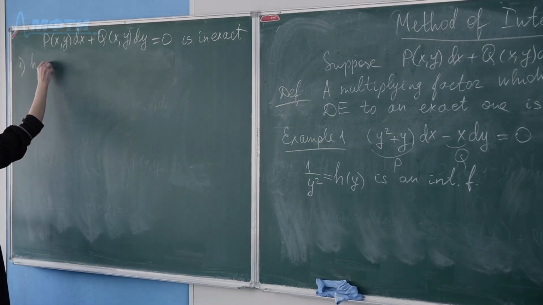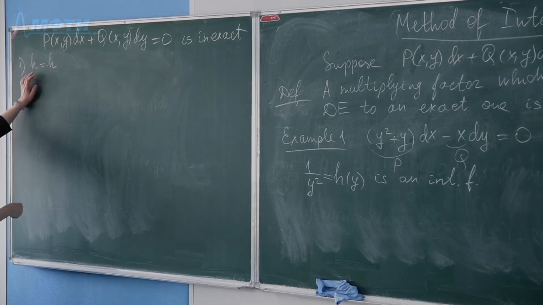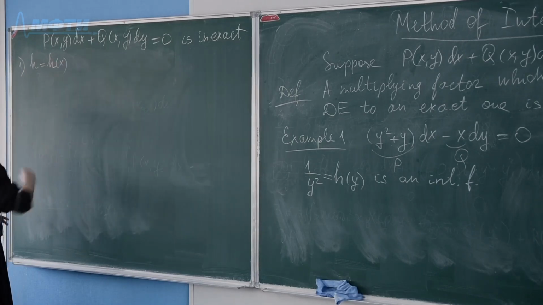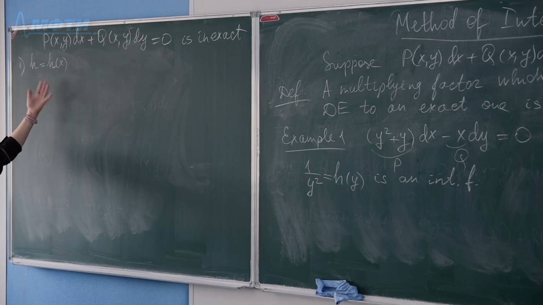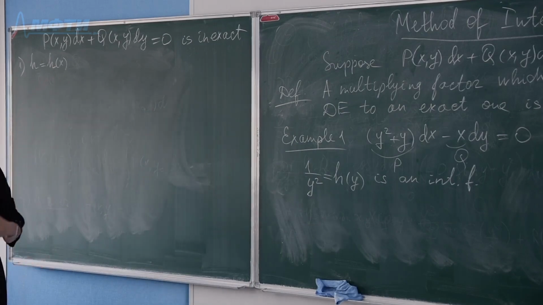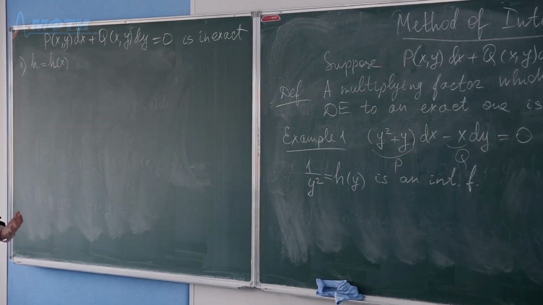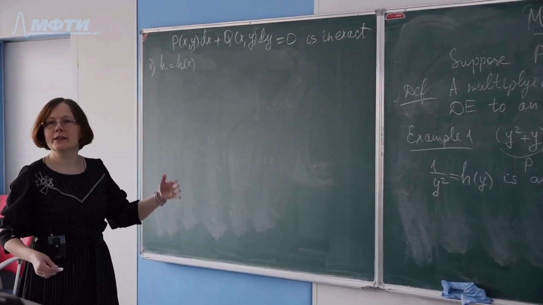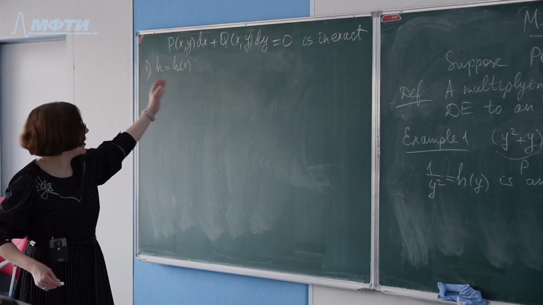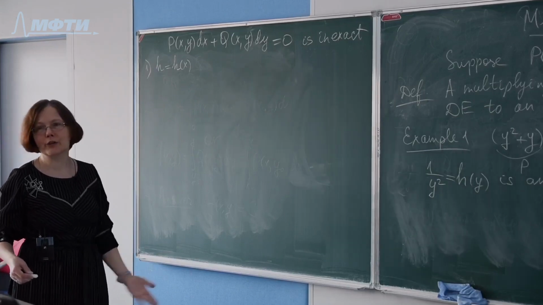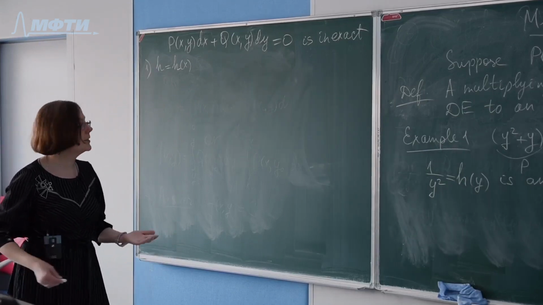Suppose h is an integrating factor and it depends only on x. Then we will try to find the formula for h of x, and we will answer the question if it exists or not. How to check quickly if it is possible to find the function depending only on x or not. So it can be done.